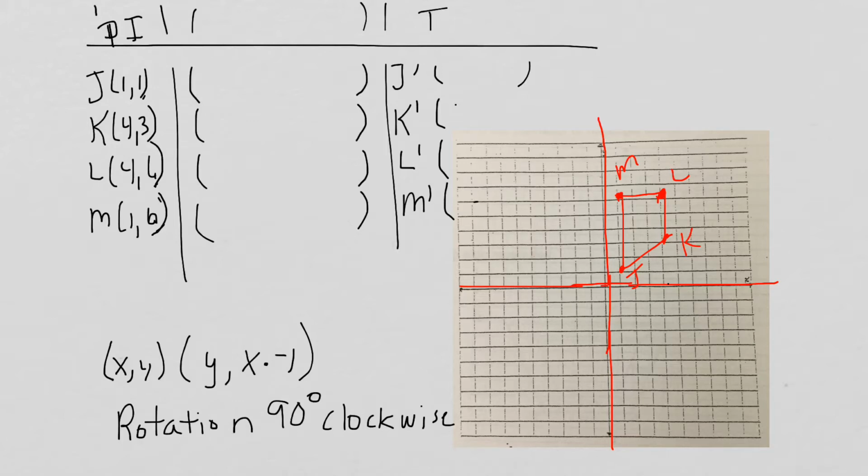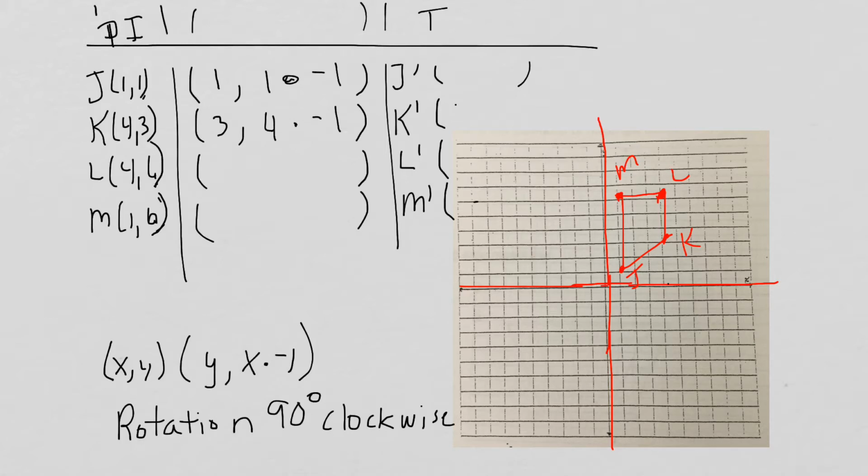Now we're going to use our algebraic expression of switching the coordinates and then multiplying the x by -1. So here we go. This is going to be 1, comma, 1 times -1. This is going to be 3, comma, 4 times -1.